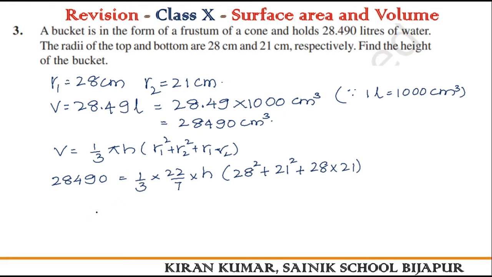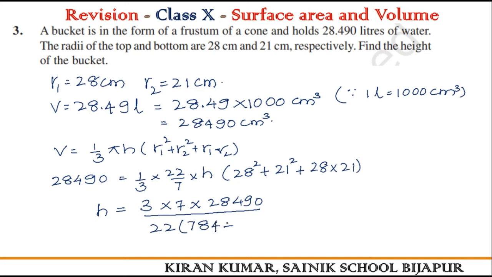Let us further simplify. I'll take h is equal to 3 multiplied to 7 will be cross multiplied with 28490. This divided by 22 times 28 square is 784 plus 21 square is 441 plus 28 times 21 is 588.